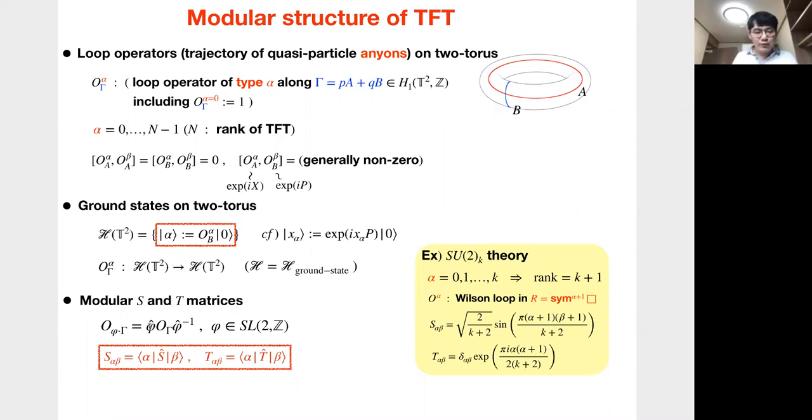This operator is called pi hat, which is associated to the SL(2,Z) matrix. Then the S matrix and T matrix are nothing but the elements of this representation. For the SL(2,Z) transformation, the S and T matrices are given in this way, and alpha labels the Wilson loop representations, which are truncated this way.